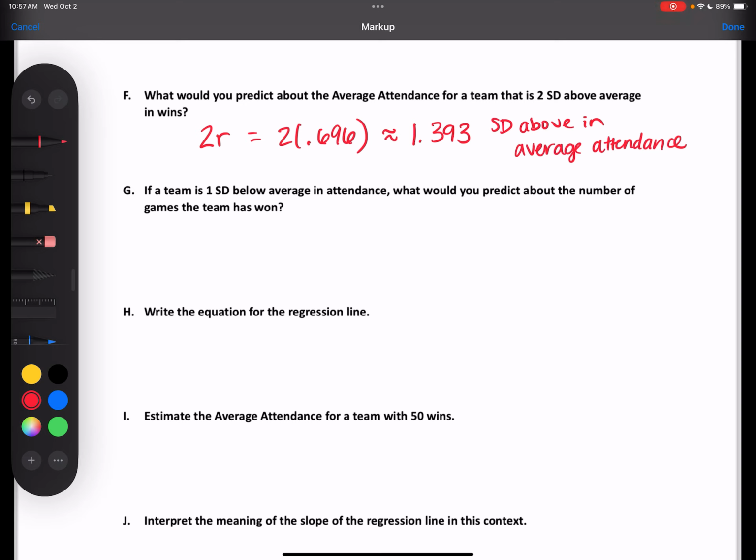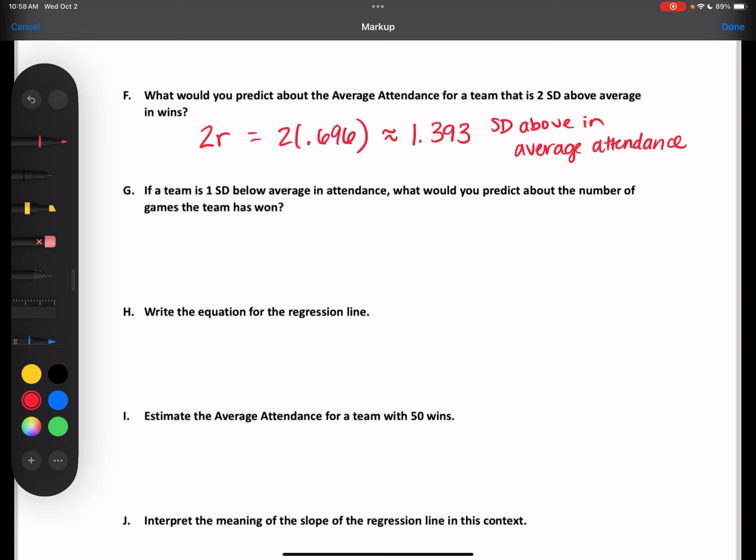This next one says, if a team is 1 standard deviation below average attendance, what would you predict the number of games the team has won? This one's kind of the reverse. This is about attendance, and then we're going to predict games won. When I do 1 times, I don't need to do -1. When I get my final answer, I just need to say below.